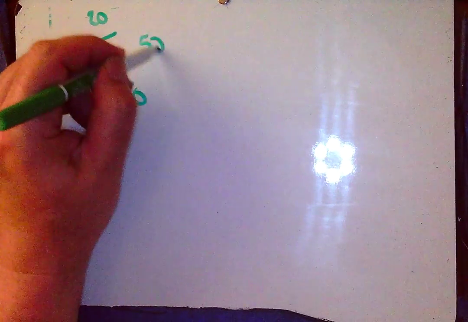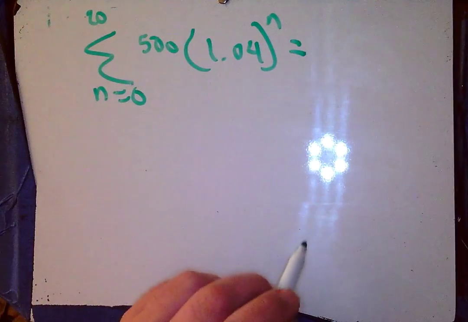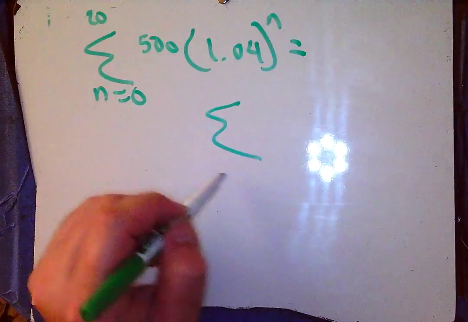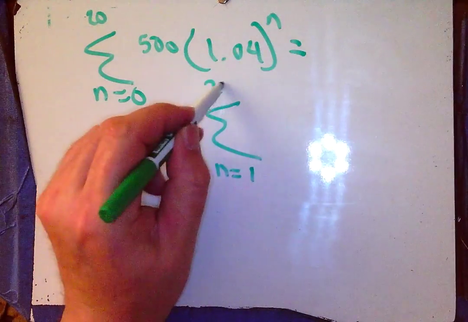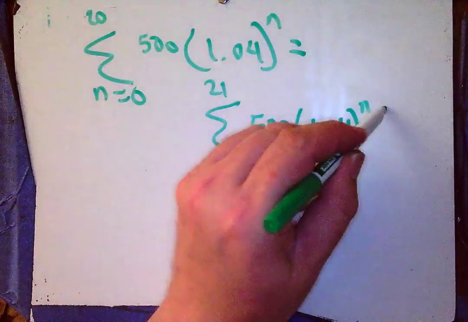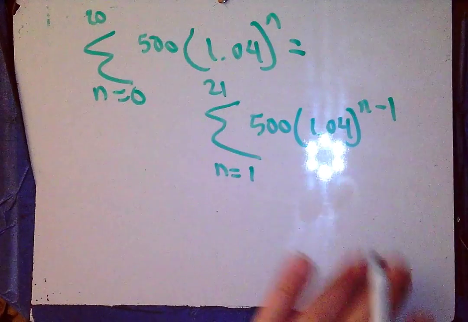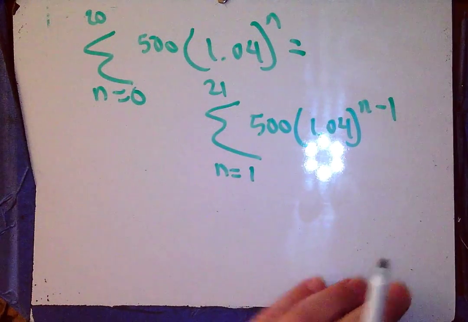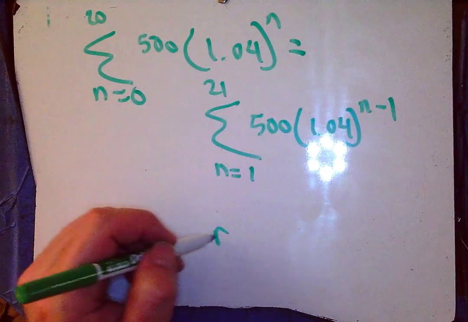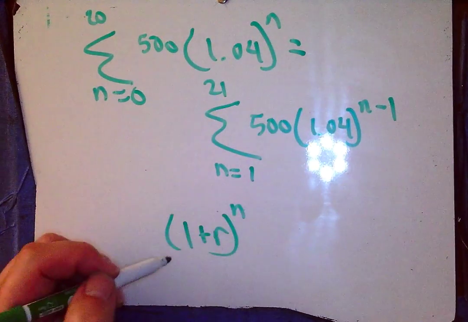The sum n equals 0 to 20 of 500 times 1.04 to the n. So I can rewrite that as the sum n equals 1 to 21 of 500 times 1.04 to the n minus 1. Now, this might look like P equals A times 1 plus r to the n.